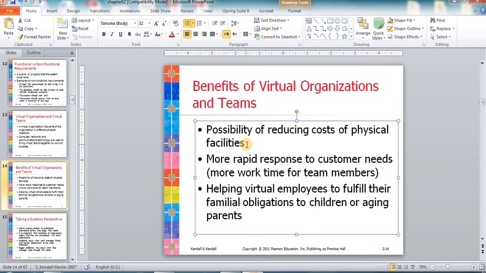Also, another benefit for the owners of the company is that when the organization is virtual, the customers get feedback and responses to their inquiries more often and more rapidly.